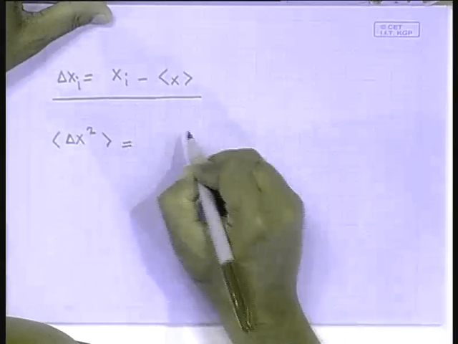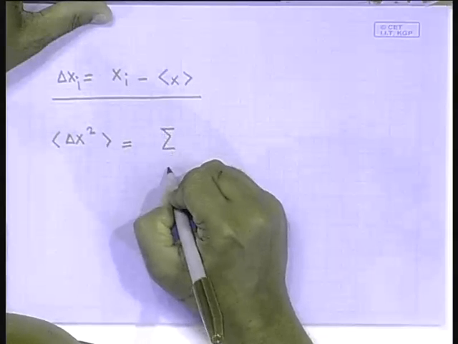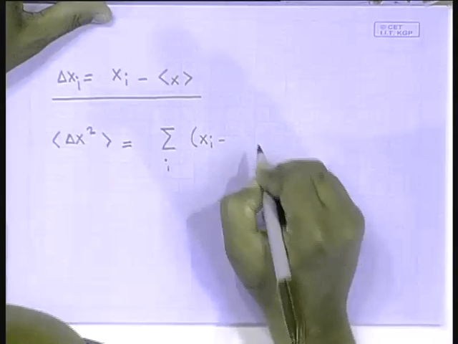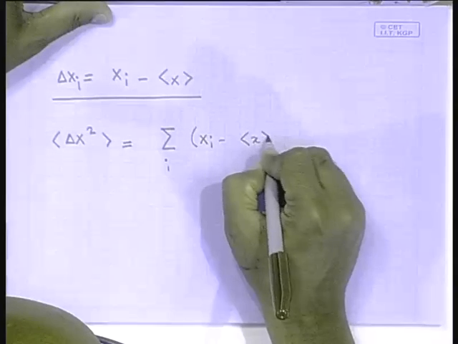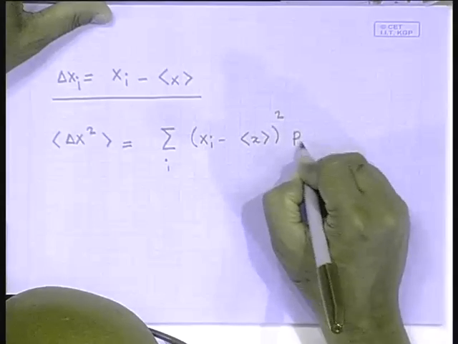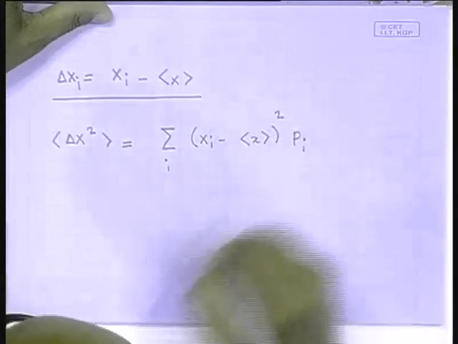You can calculate this in the following way: xi minus the average value that you expect, square of this, into the probability of that particular outcome, pi. And this quantifies the spread in the values which I will get, the expected spread in the values.